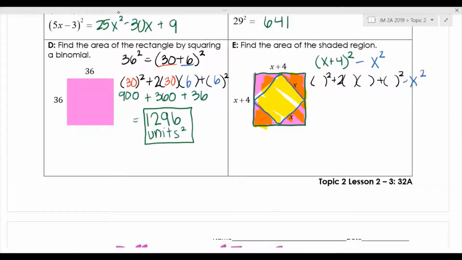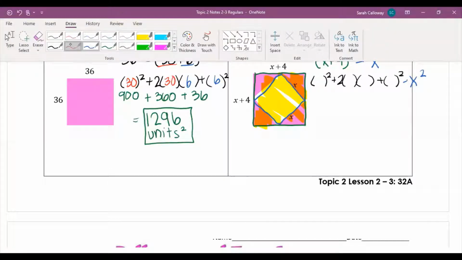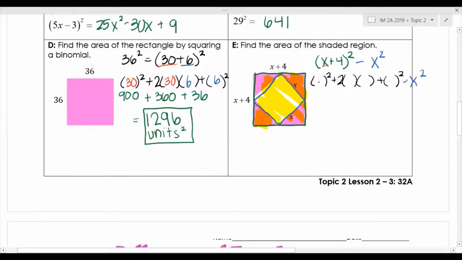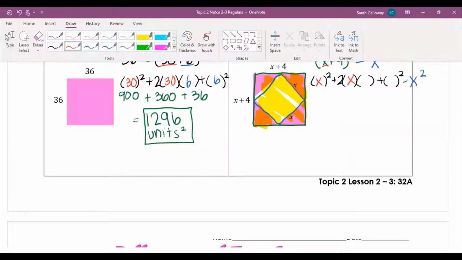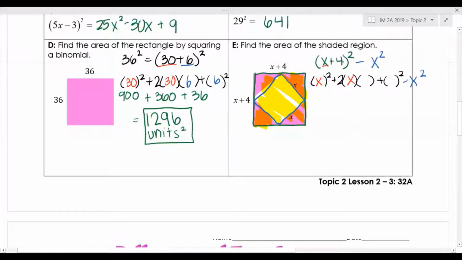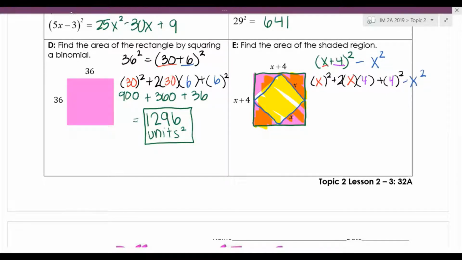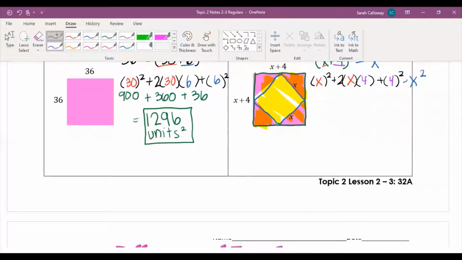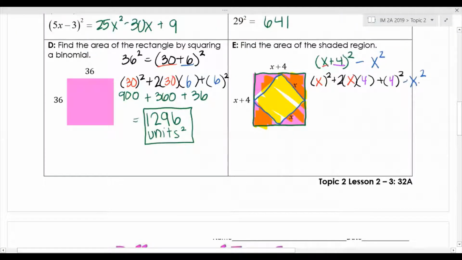And so within this x plus 4 squared, our a term is x. So we're going to have x squared plus 2x. And then our second term, our b term, is 4. And so times 4 plus 4 squared is going to be the rest of the pattern. Remember that we still have that minus x squared from us removing the unshaded region.